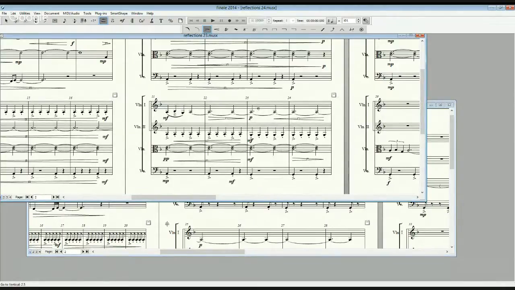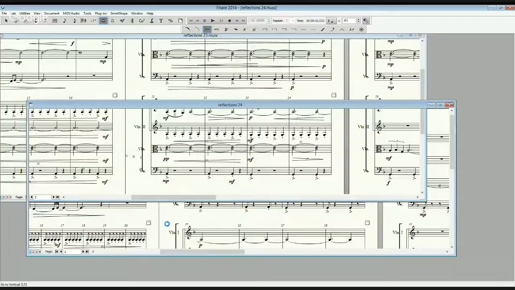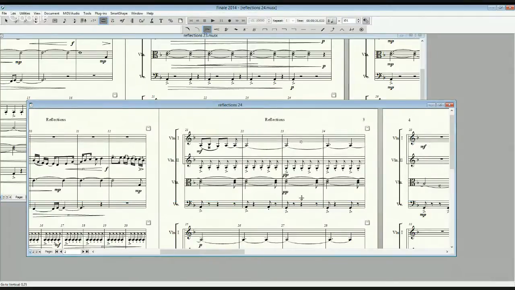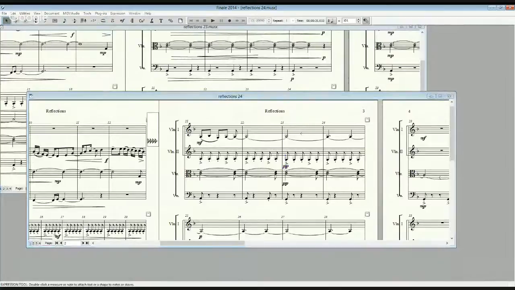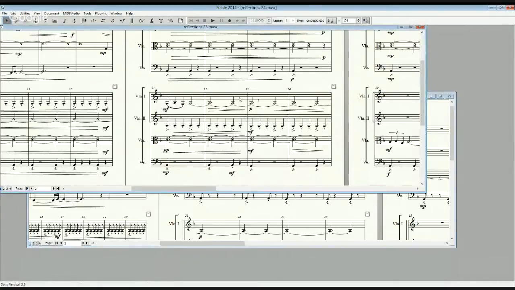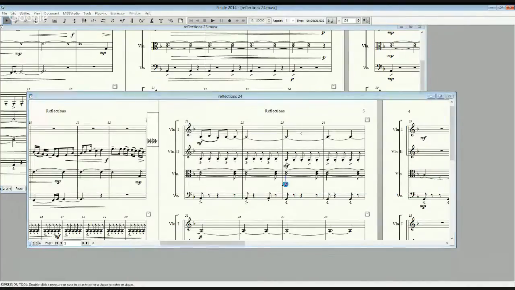That's crescendo to a piano. That's 14. Okay, crescendo. So that's 14. This one is also crescendo.